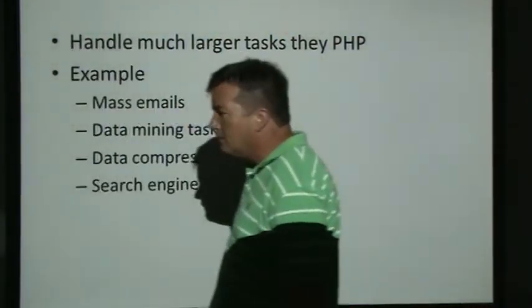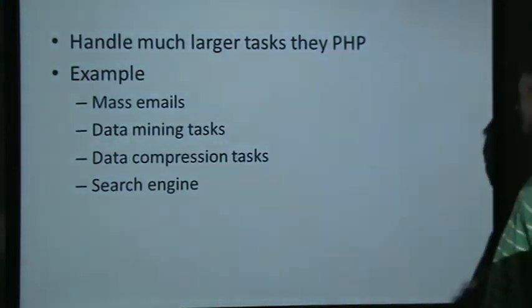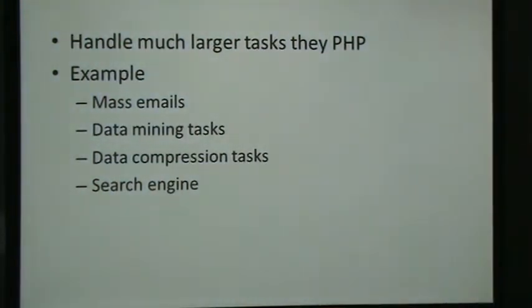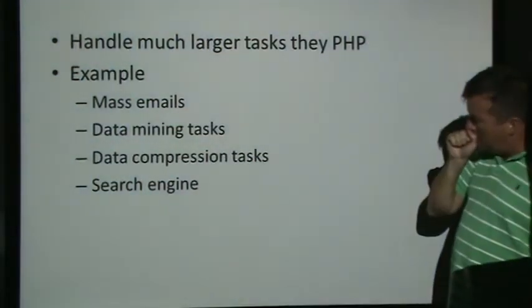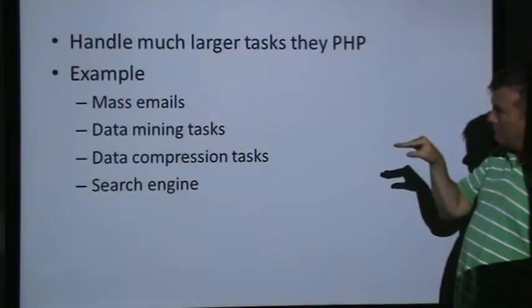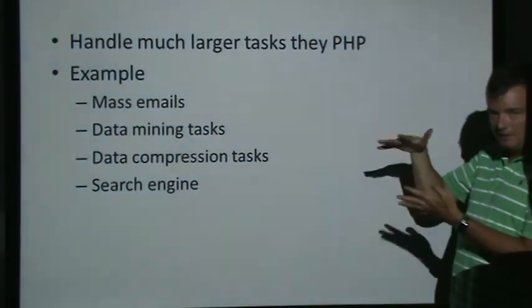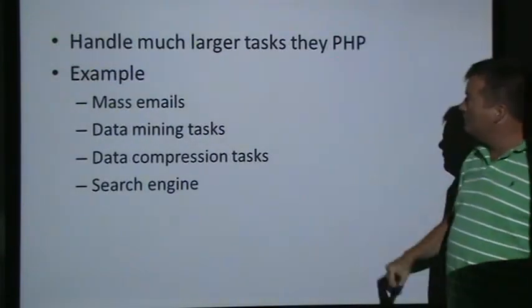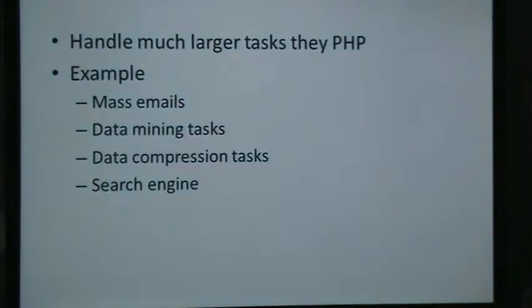So Perl's role in the XAMPP, I guess we'd have to argue that the last P is for Perl. It handles much larger tasks than PHP. Like I say, PHP is something that you embed in HTML files that performs tasks. Generally, they're short, very quick tasks. You could use PHP to go out and get the score of a baseball game and bring that into your web page.